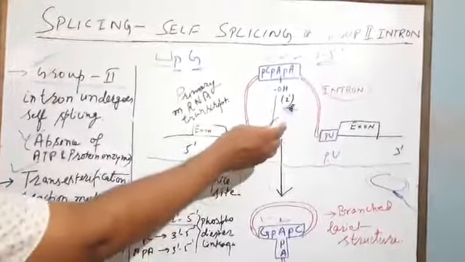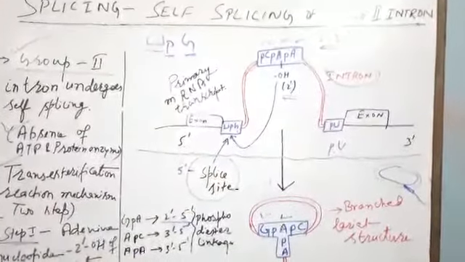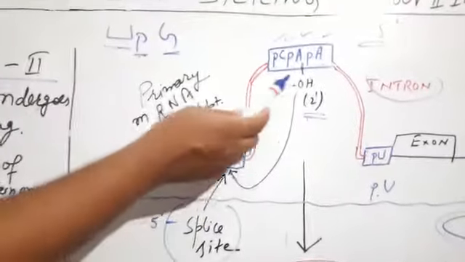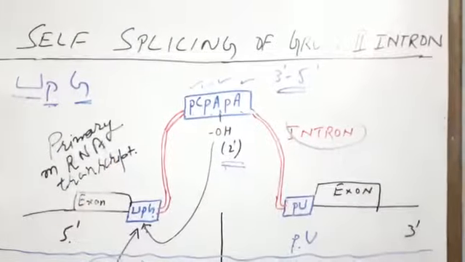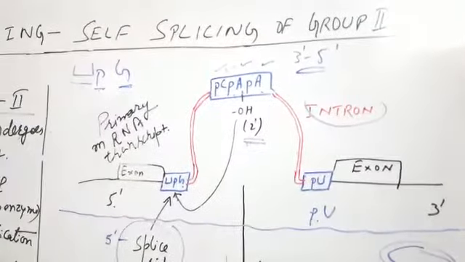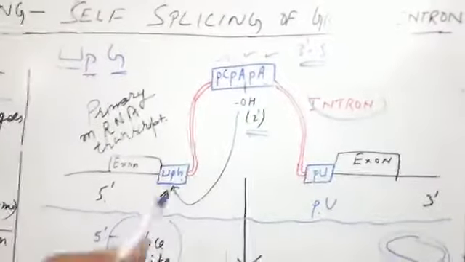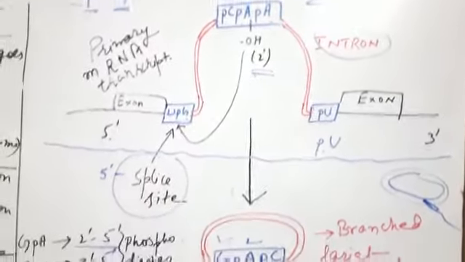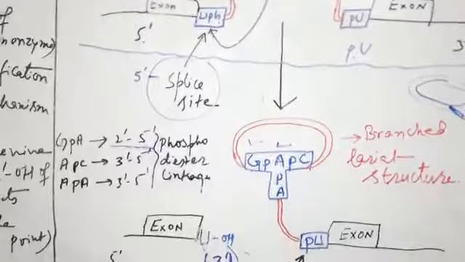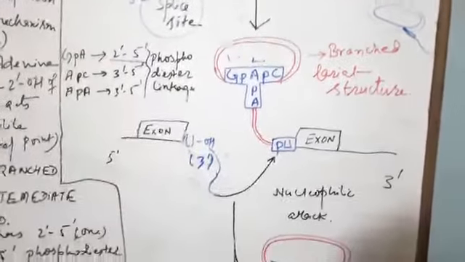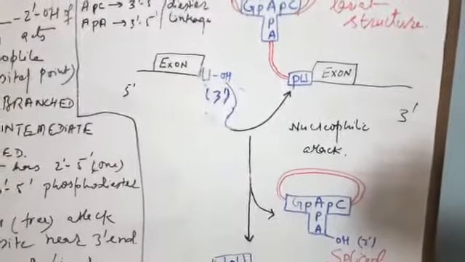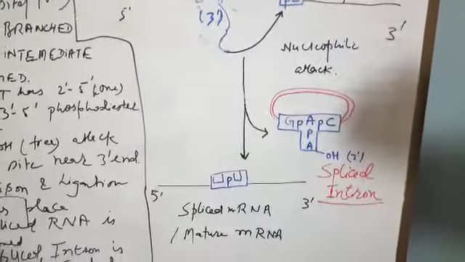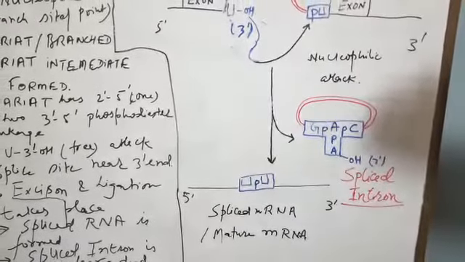You have to remember that the first attack will be from the 2' OH in the adenine at the branch site or point. Sometimes you will find in some books it is called the branch site or branch point, on the junction, a splice site junction between exon and intron, which leads to formation of lariat. And finally, the 3' OH, which is liberated, again attacks the phosphodiester linkage, leading to formation of a spliced mRNA and removal of a spliced, branched lariat intron.